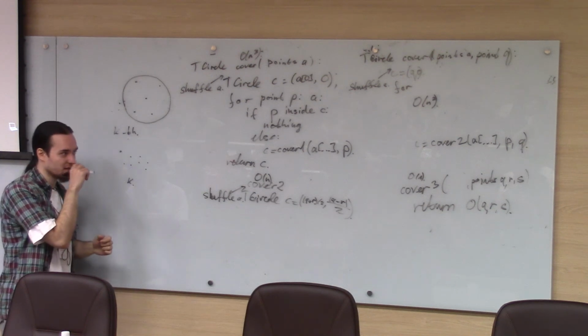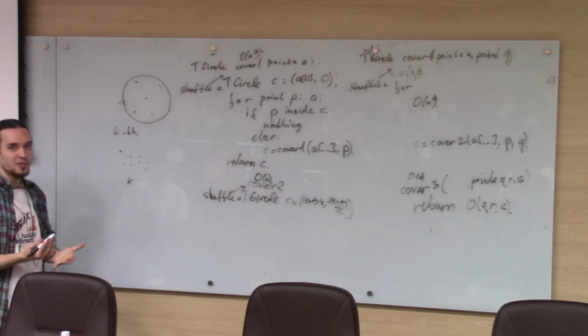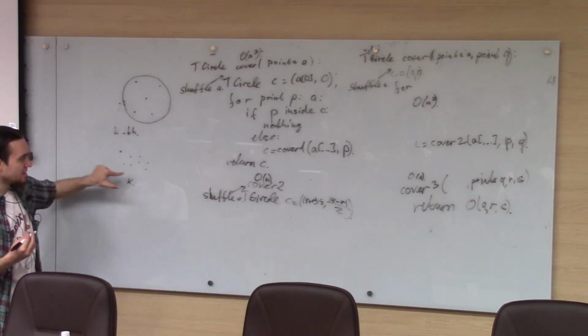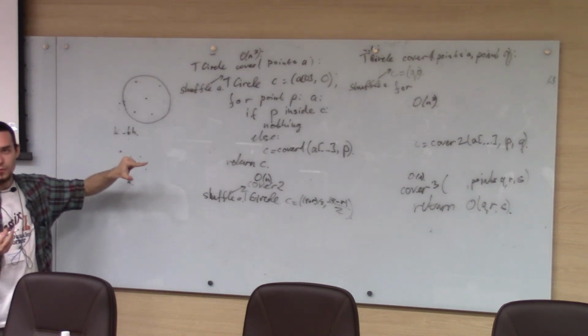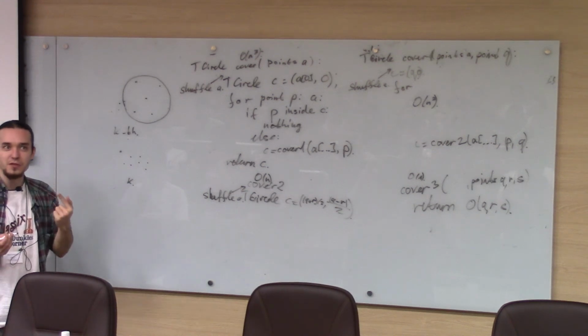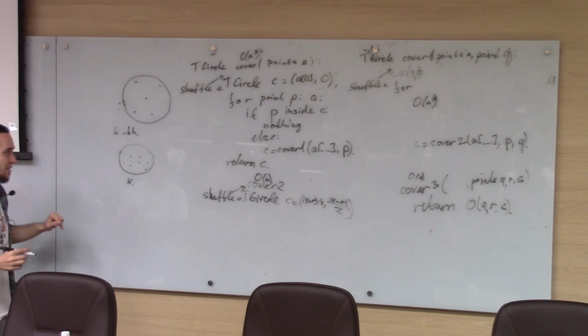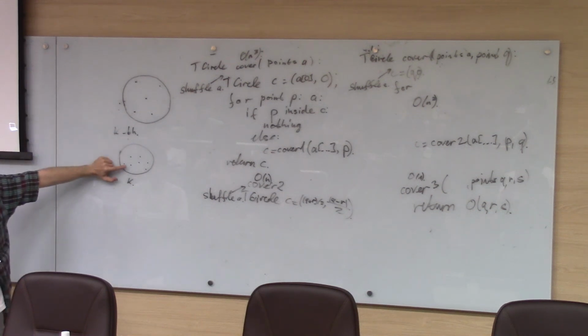Because we've shuffled them. But regardless of that, after what happens on the kth iteration, since the set is fixed, we have a predetermined circle that will contain all the points here. Regardless of the order that we consider these points in, this circle will happen.